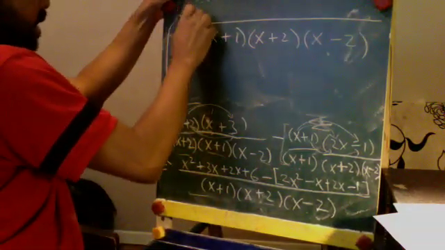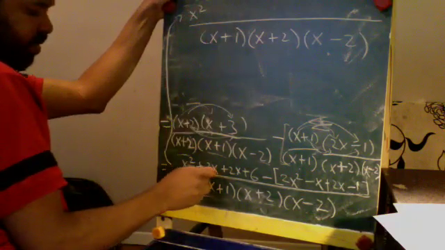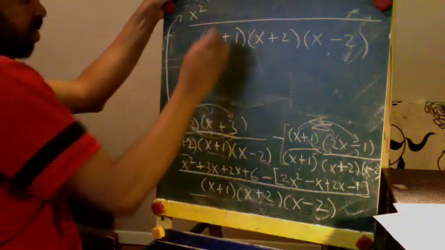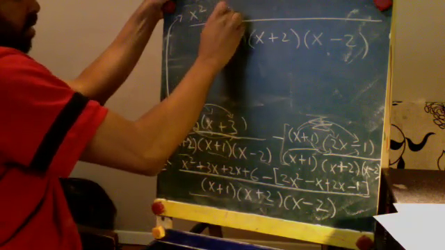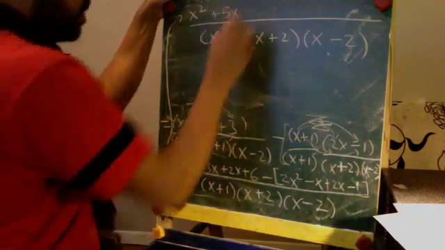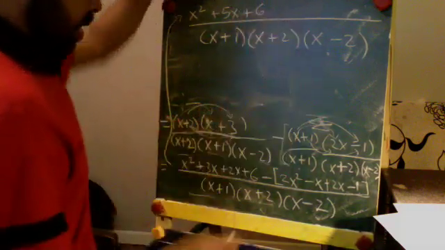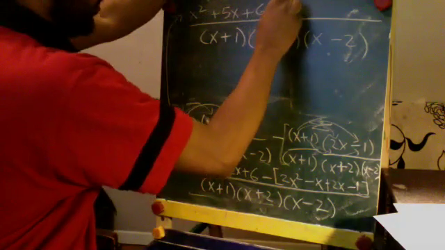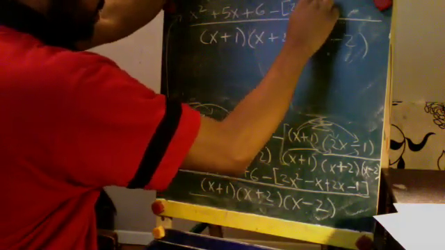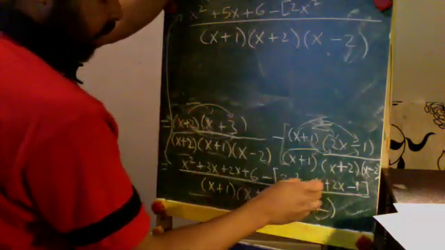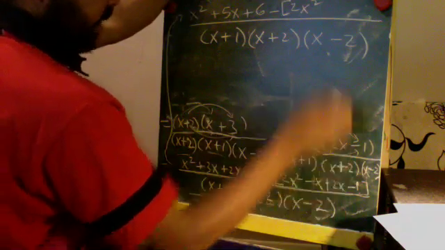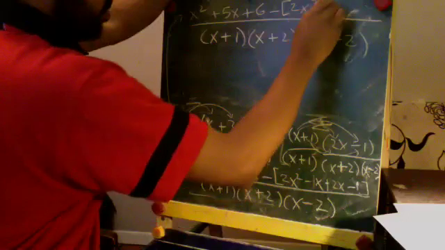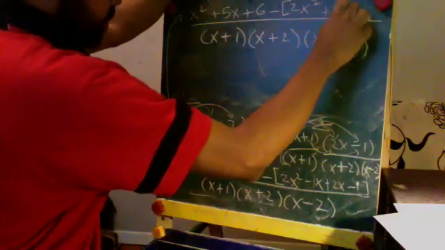So that's going to be x squared. I'm going to simplify this: 3x plus 2x is going to be 5x. x squared plus 5x plus 6. And before I do the subtraction, I'm also going to simplify the other part. 2x squared, minus x plus 2x is going to be plus 1x.